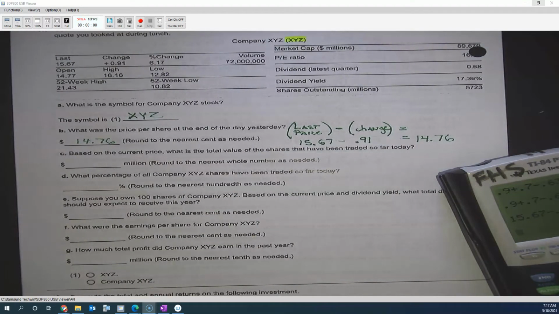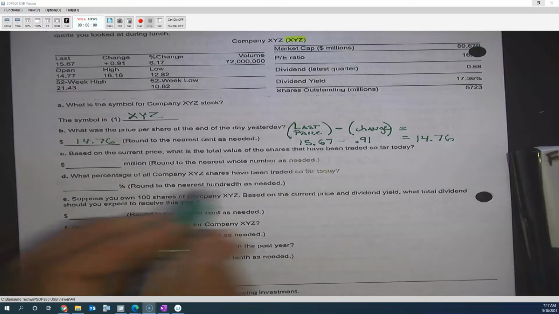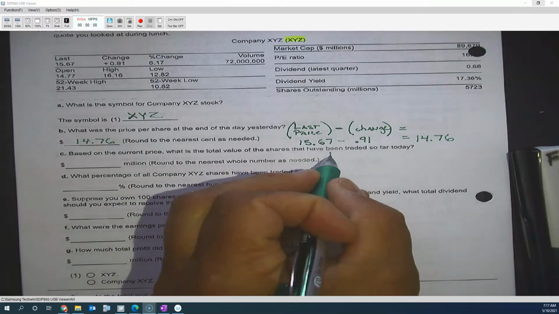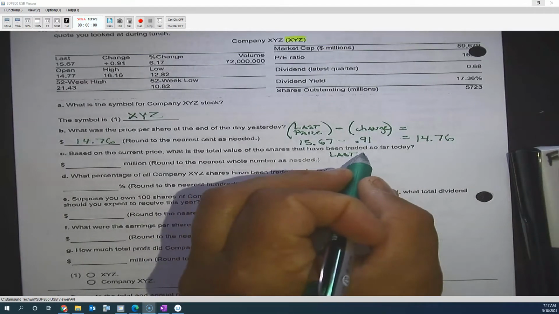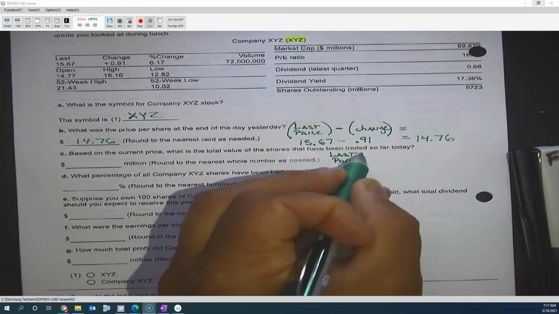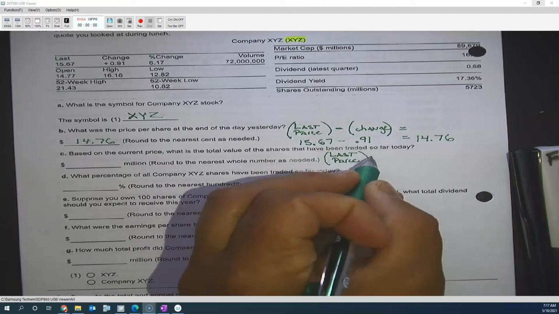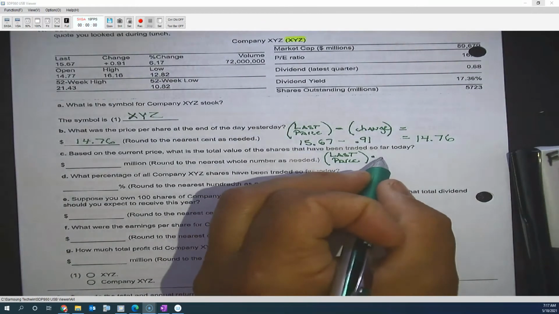Okay, all right. Based on the current price, what's the total value of shares that have been traded today? Okay, so we're going to take the last price, and we're going to multiply it by the volume.